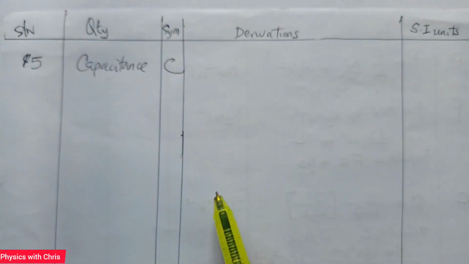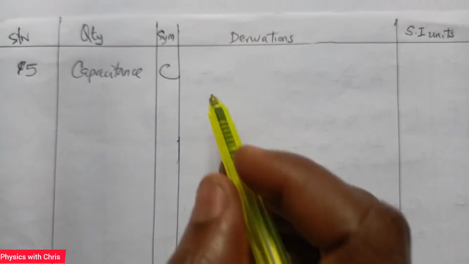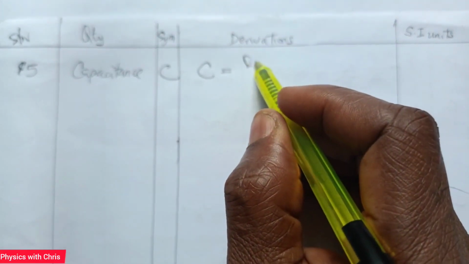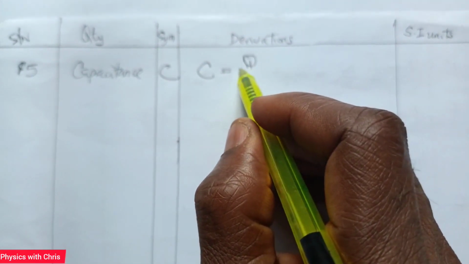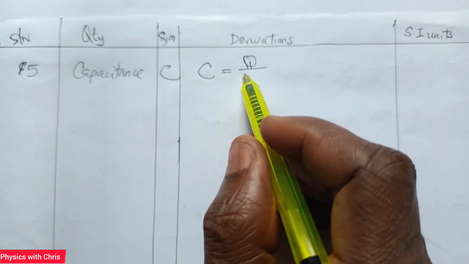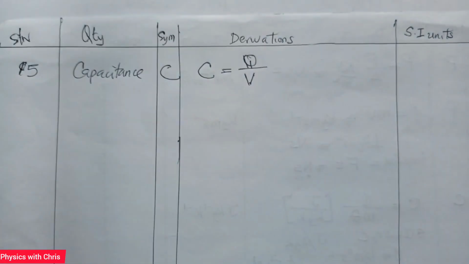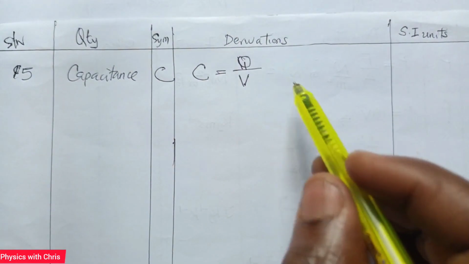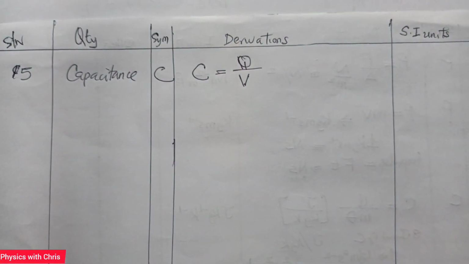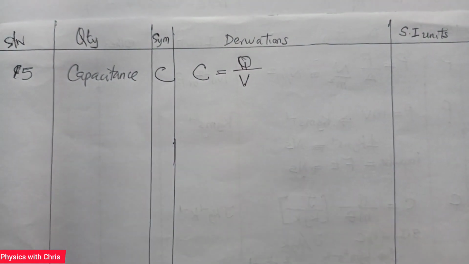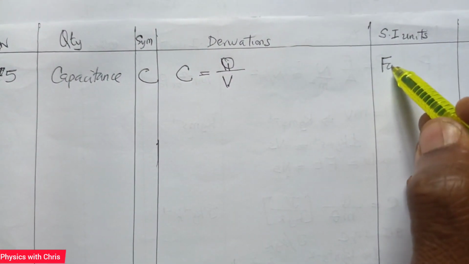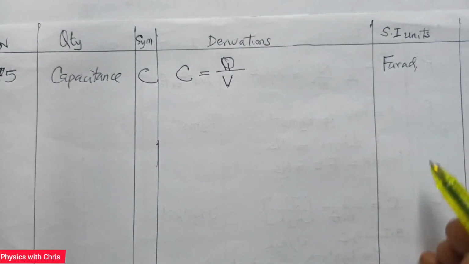Capacitance of a capacitor. How do we define the capacitance C of a capacitor? It is the ratio of the charge to the potential difference between the terminals of the capacitor. The SI unit of capacitance is the farad, F, in honor of Michael Faraday.